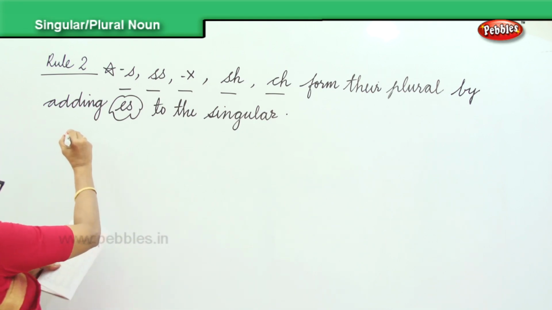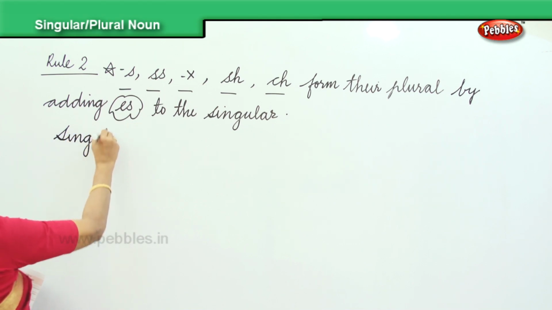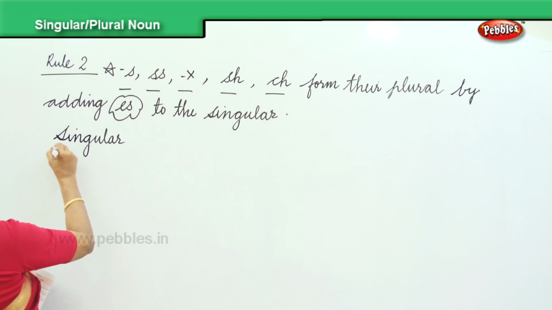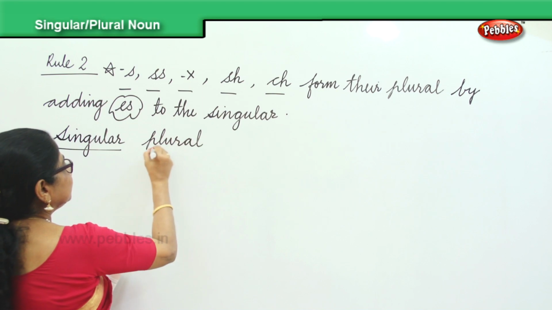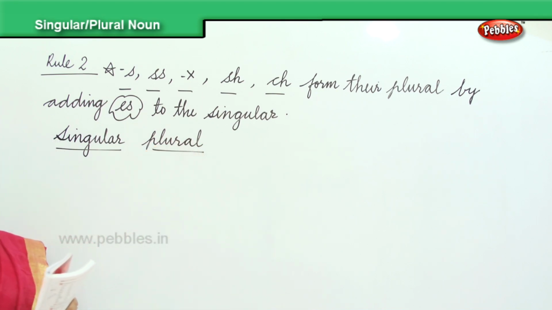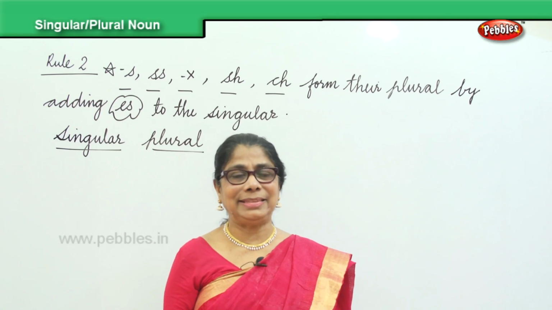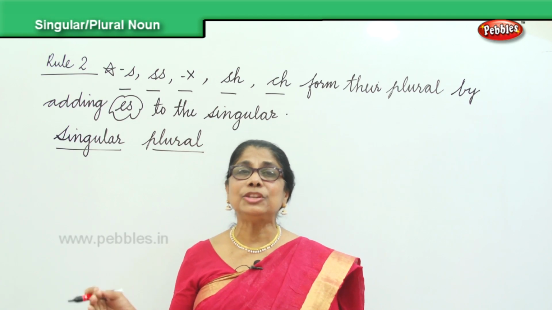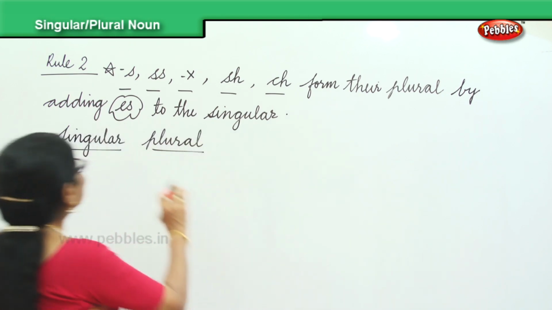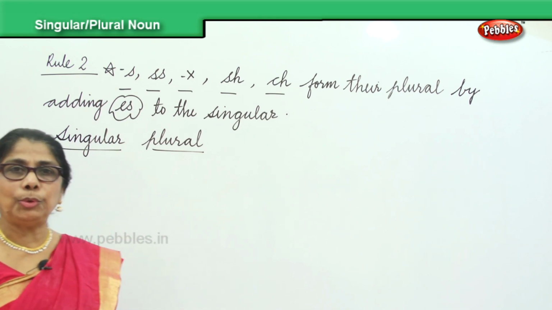So you have singular and you have plural. How are we going to form the plural for the nouns ending in s, ss, x, sh and ch? If you have letters ending in this, you will add es to the singular to form the plural noun.